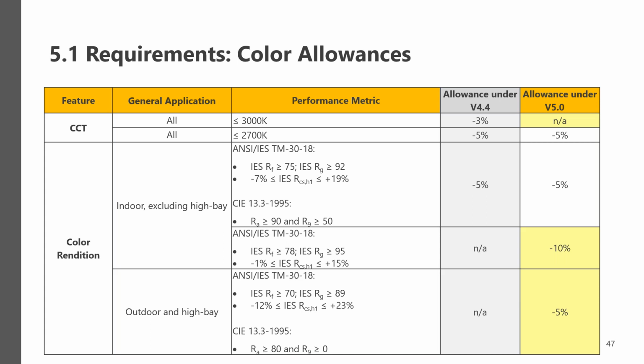We are also adding a higher allowance of 10% if the product uses TM30 and achieves higher color rendition. In addition, with version 5.1, we are also allowing a 5% efficacy allowance for outdoor products that achieve 80 CRI. And again, there's also an equivalent value if measuring with TM30.